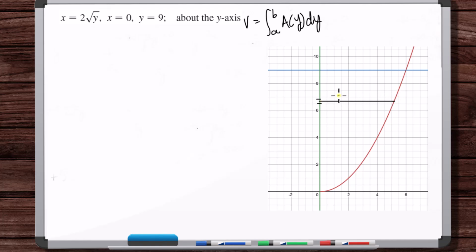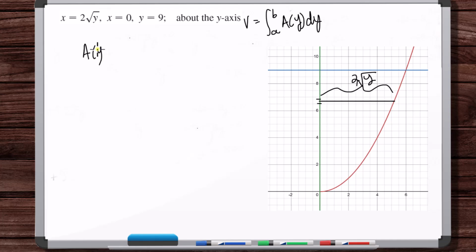Each A of y is going to be pi times whatever this value is squared. For any x value, this is 2 root y. So A of y is pi times this squared, right?